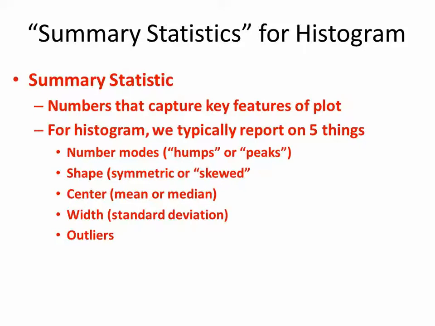Okay, so what is it that we want to compute for a histogram? So you're going to get done, and I'm going to ask you to give me 5 numbers that summarize the histogram. So there's a couple of things we're going to do. We're going to tell how many humps or peaks there are. We're going to call these modes, the number of modes. The most important thing, the thing that your eye really has to go to, is the shape. The shape is really important. It's not obvious that it would be, but it turns out this is a very important property.